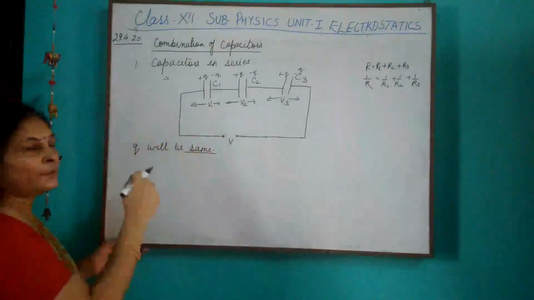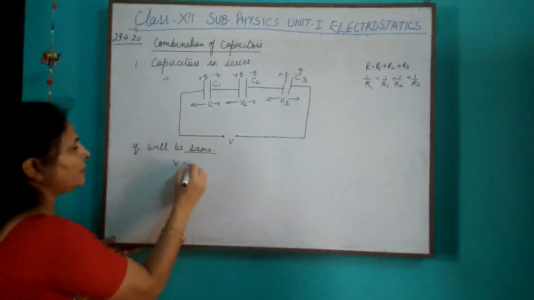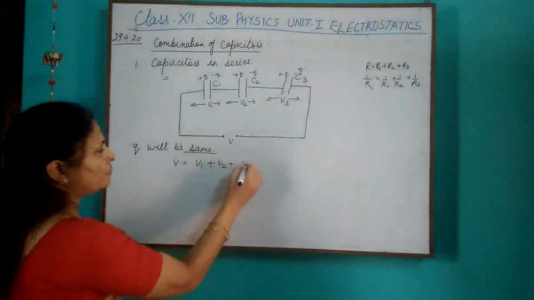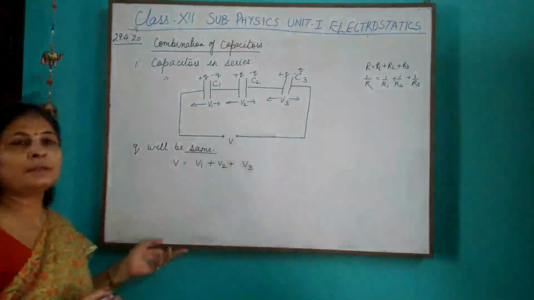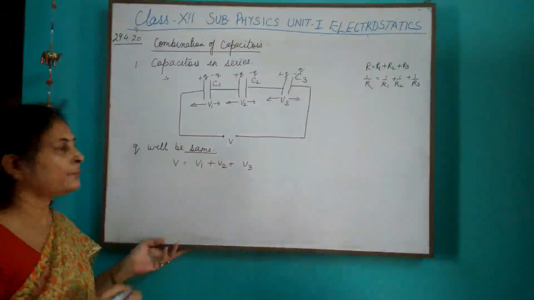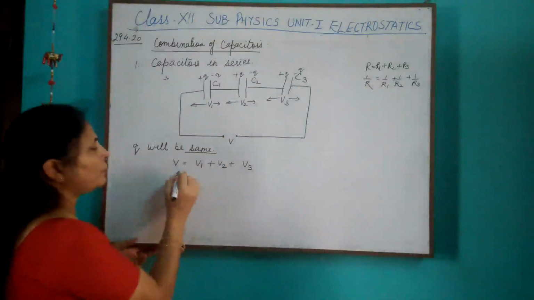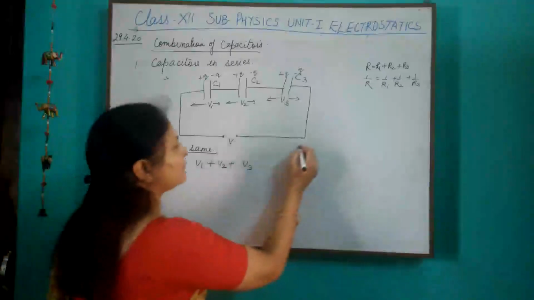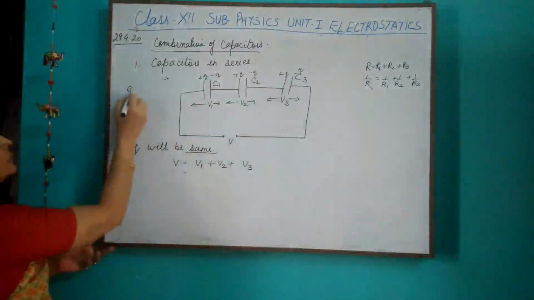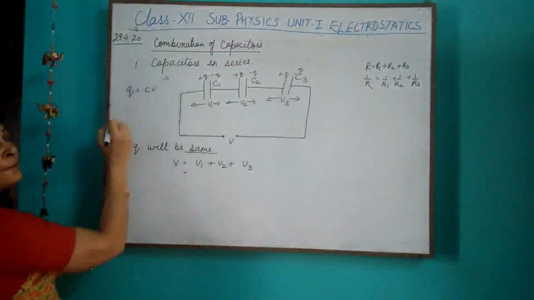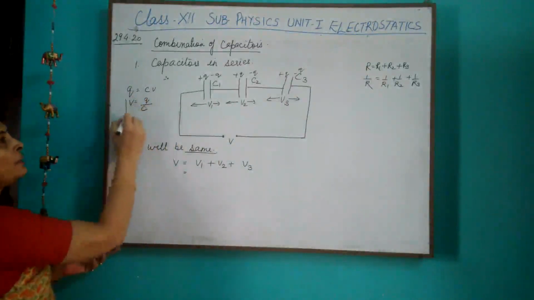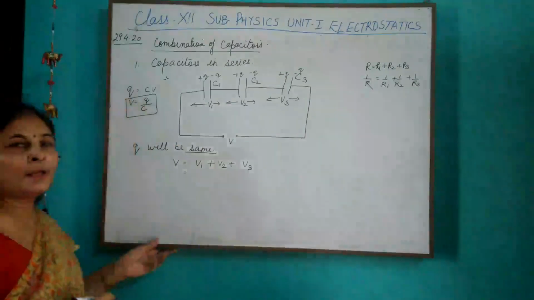So now from this, total V must be equal to V1 plus V2 plus V3. And now we can write down the value of V1. For a capacitor, Q equals CV, or V equals Q upon C. This we have already done.